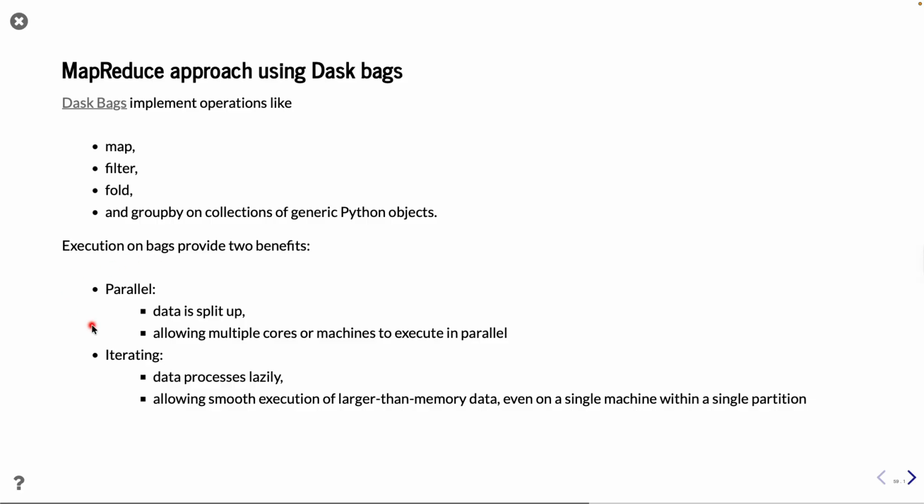Another thing is it executes the data processing lazily, so it only executes the steps that are needed. It can also work on larger-than-memory data, so if the memory is not sufficiently large on the computer, it could even take things from the disk.